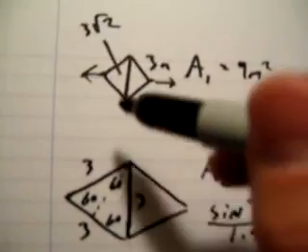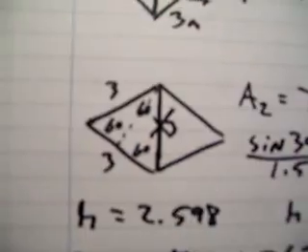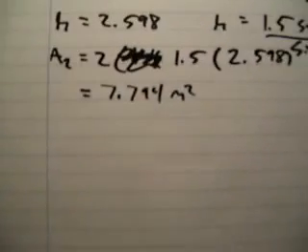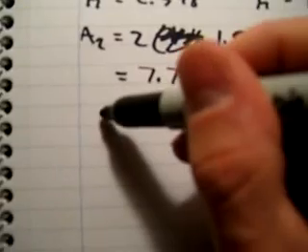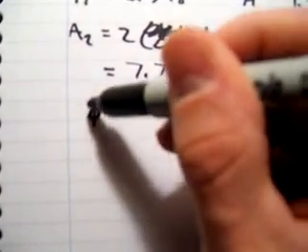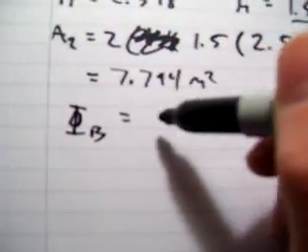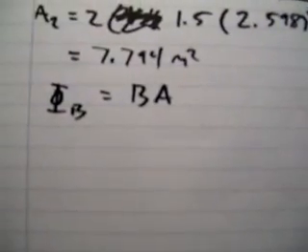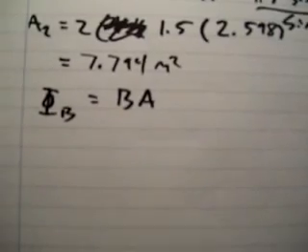We know the magnetic field is going into the page, perpendicular to the page. So we know that the magnetic flux is simply going to be B times A. That's what it is, because it's perpendicular to the page.